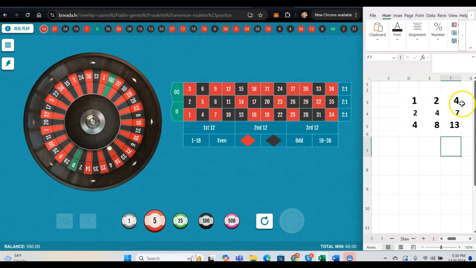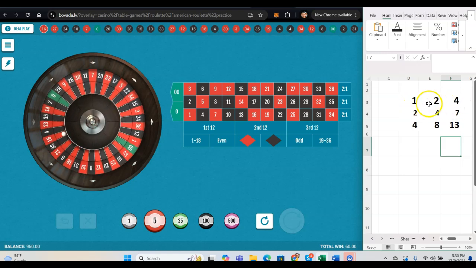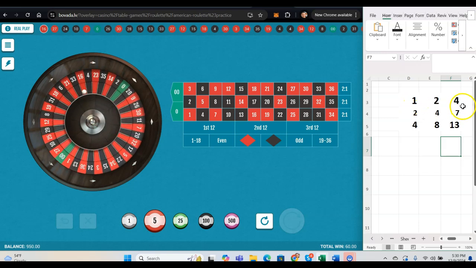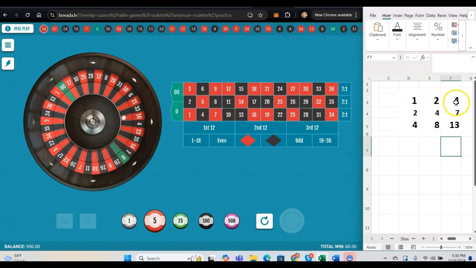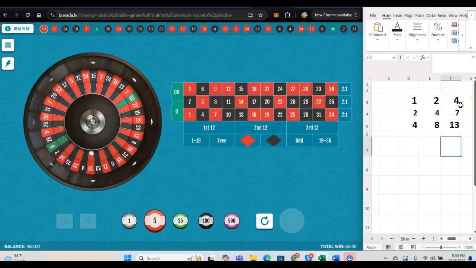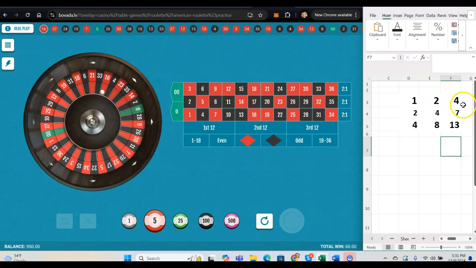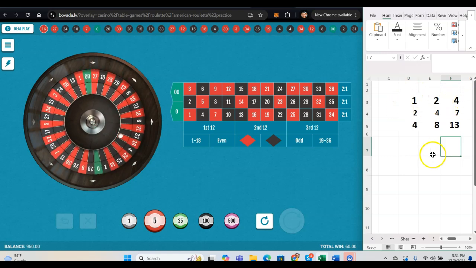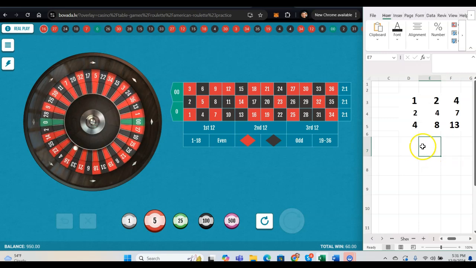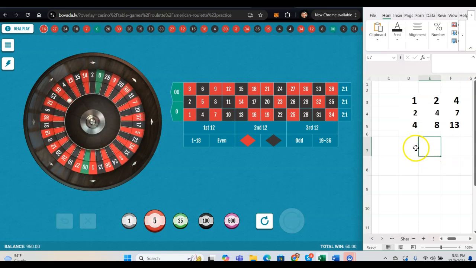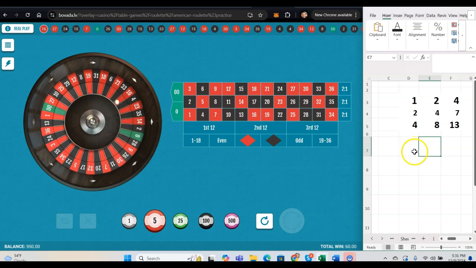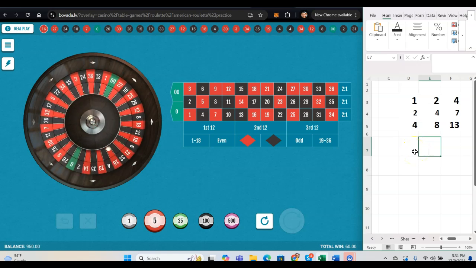Develop one for the 124. Develop one for the 135. You can do a 137. Right? If you want to be more aggressive, a 137. There are multiple ways to do this. There is no right way. It's what you're comfortable with and what your bankroll allows you to have.